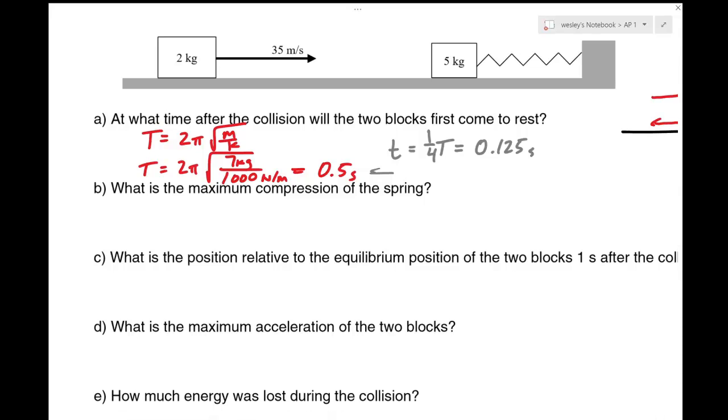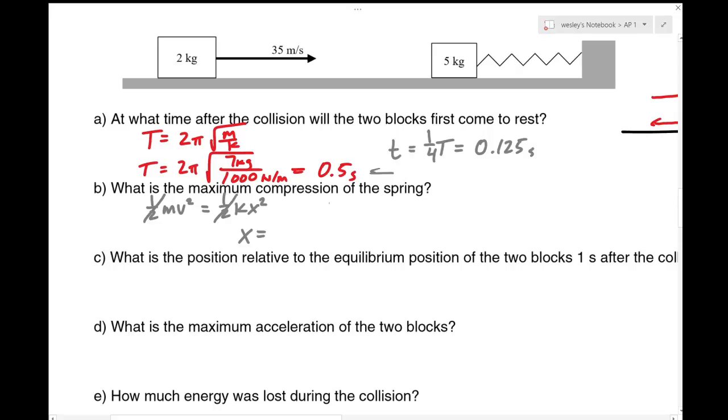Part B, what's the maximum compression of the spring? Well, this is our energy problem. We start off with kinetic energy, we end with potential energy. So 1/2 mv squared is equal to the potential energy 1/2 kx squared we have at the end. If we want maximum compression, we're going to solve for x.